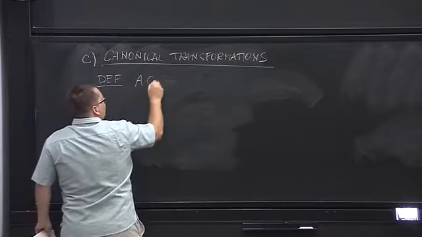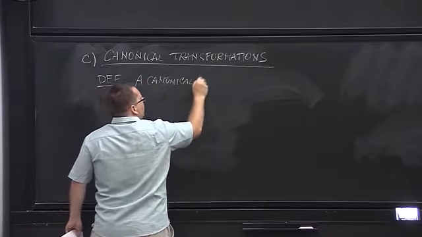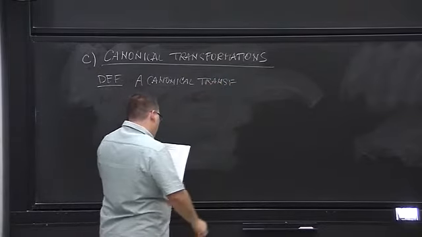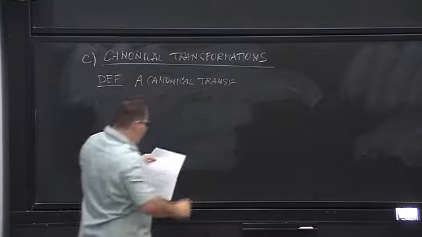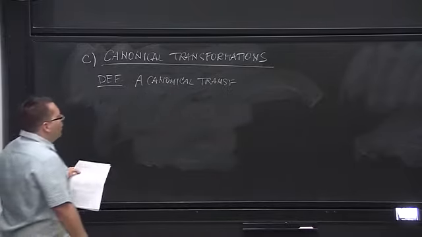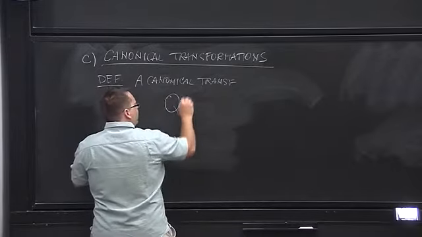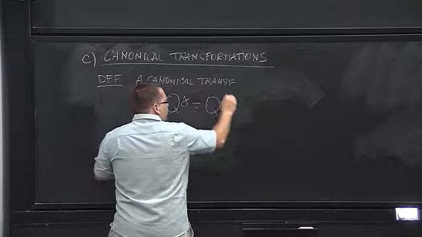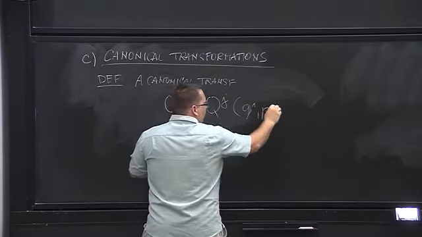So a canonical transformation is such a transformation of your coordinates so that you define a new Qj, which is a function of the original ones, qi, pi, t.